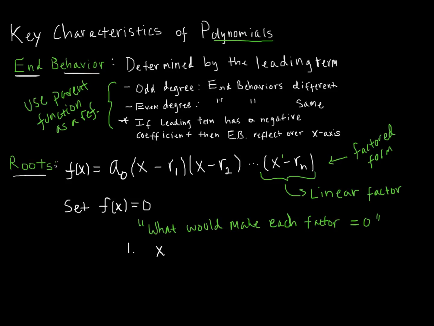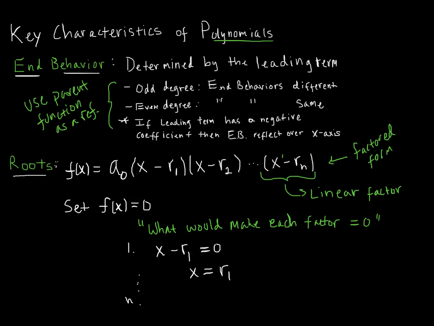What would make x minus r sub 1 equal to 0? And you solve for x. In this case, x will be equal to r sub 1. We've seen this in action a lot, and so on and so forth, until you've done that for every single one of the factors. So if you have n factors, you'd have n of these cases.